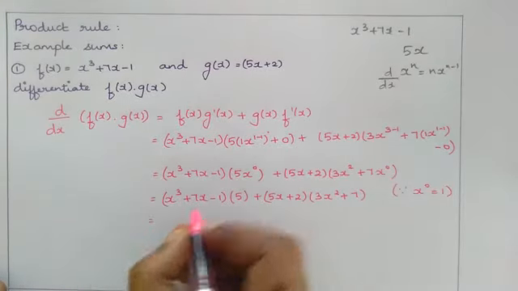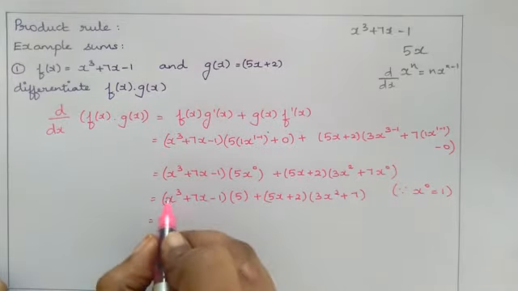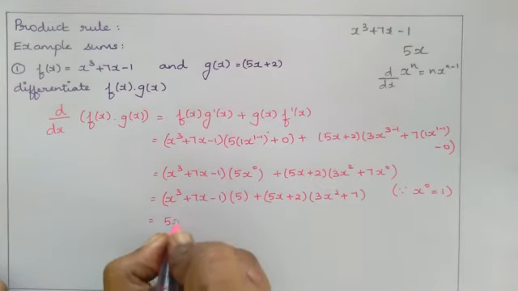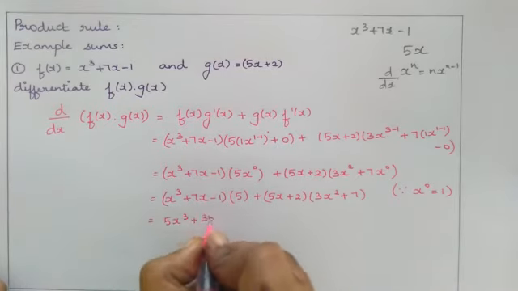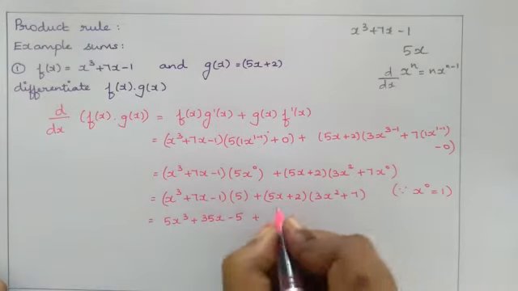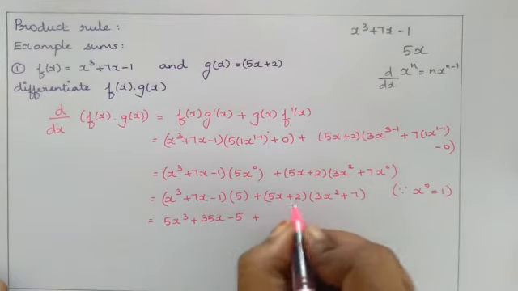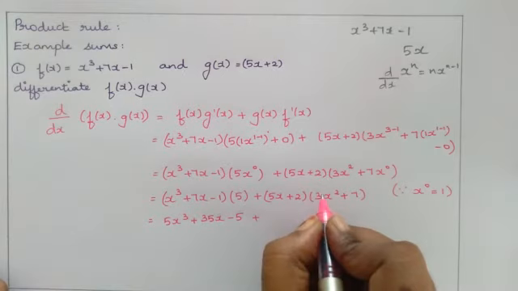That's it. So each term of this polynomial should be multiplied with 5. X cube into 5, 5x cube. 7x into 5, that is 7 into 5, 35, and x. Minus 1 into 5, minus 5. Plus, let's multiply here each term of this polynomial with each term of the next polynomial. 5x into 3x square.